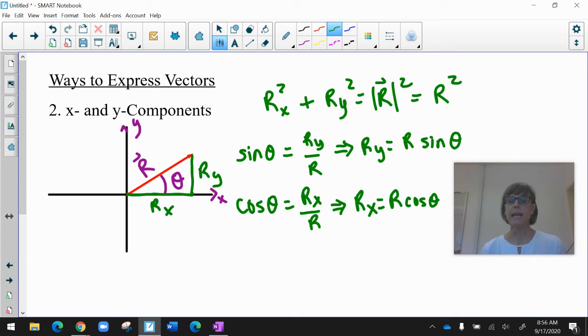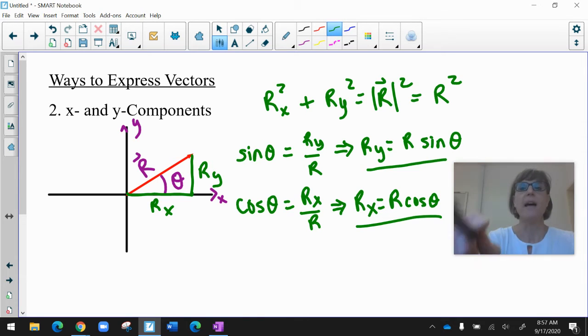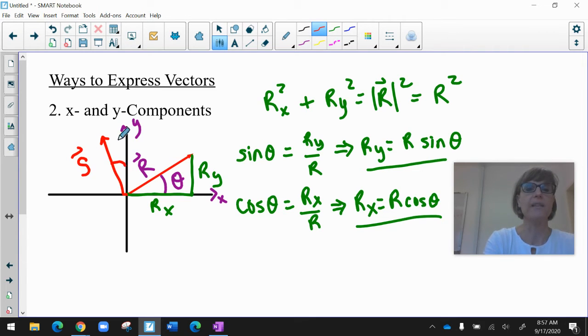Now, some textbooks would have you memorize these. They would have you memorize that ry is always equal to r sine theta and rx is always equal to r cosine theta. I do not want you to do that because I could move theta. I could, for instance, draw a vector over here. I'm going to call that vector s, and I'm going to define this angle, which is phi.